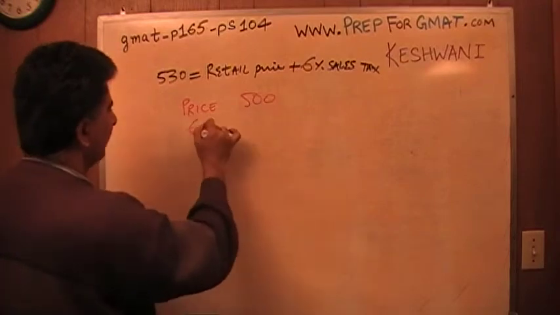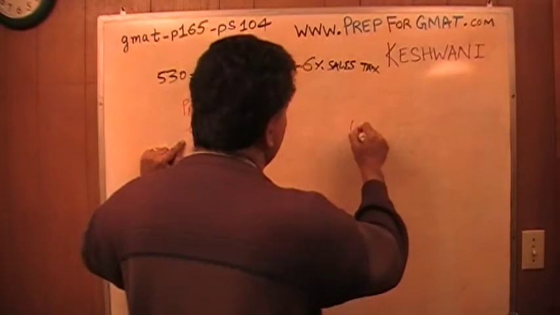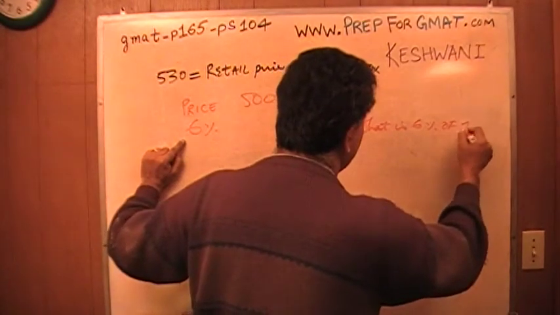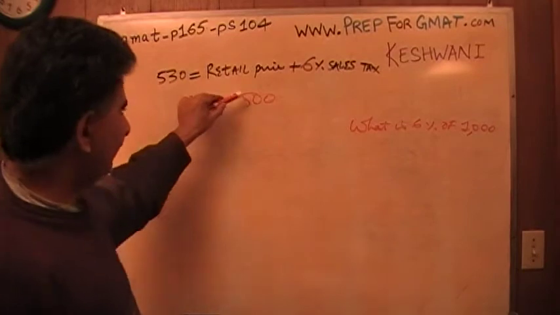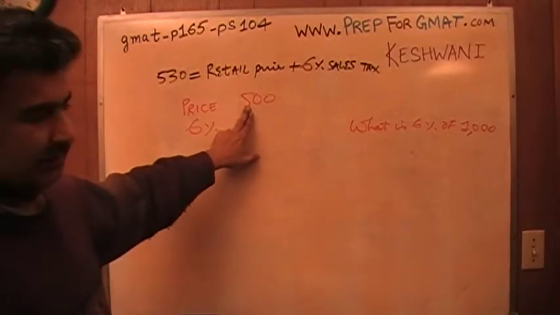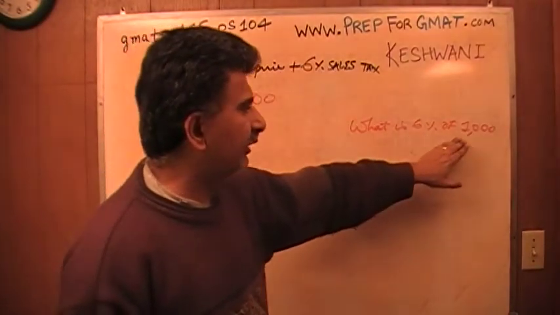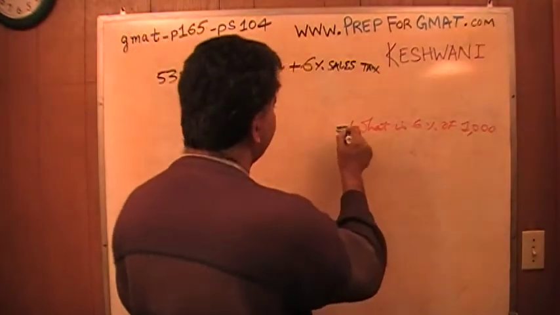What is 6% of that? Well, what is 6% of 1,000? If 6% of 500 is giving you difficulty, which it should not, because it's just 6 times 5 is 30, but if it is, I hope that you're able to see that 6% of 1,000 is 60.